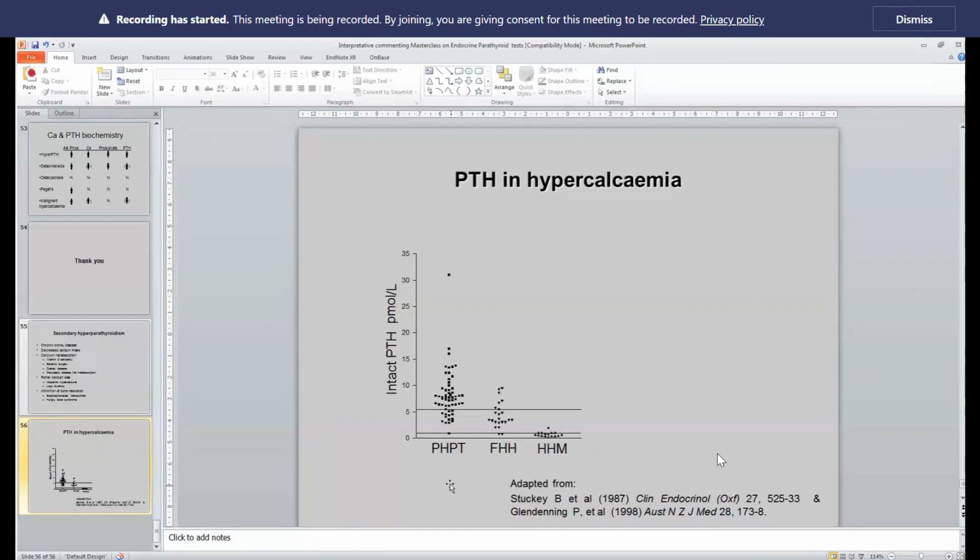And conversely, there is this new, or reasonably new, condition called normocalcemic hyperparathyroidism, where the PTH is raised but the calcium is normal. So normocalcemic primary hyperparathyroidism has to be differentiated from secondary hyperparathyroidism, because both of them have a raised PTH and both of them can have a normal calcium.